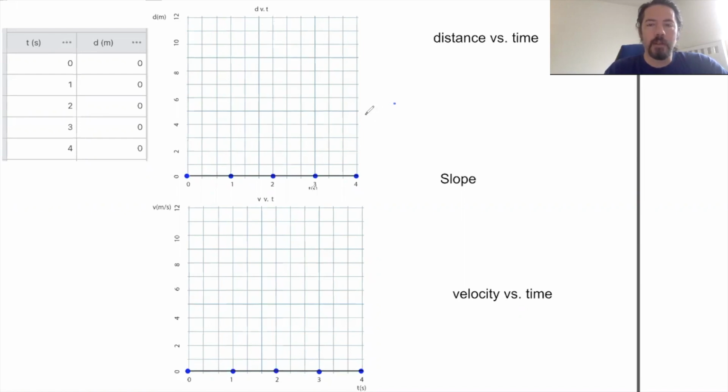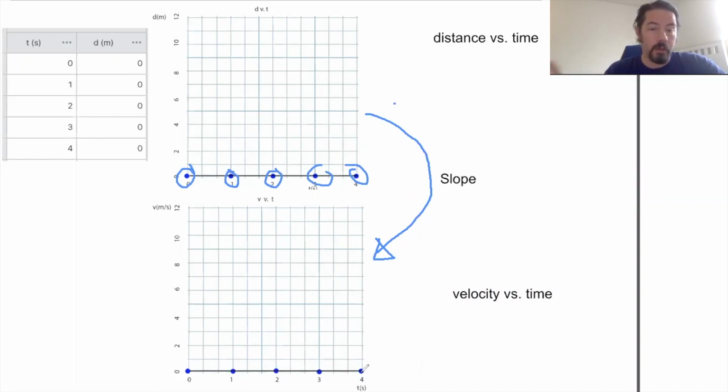If we were to calculate the slope of this graph, we could then take that data and graph the velocity versus time. So if we took the slope at this point, which is 0, the slope at this point, which is 0, the slope at this point, and this point, we could map that out down here at the bottom, and we would also get 0 all the way across, because this object is at rest.